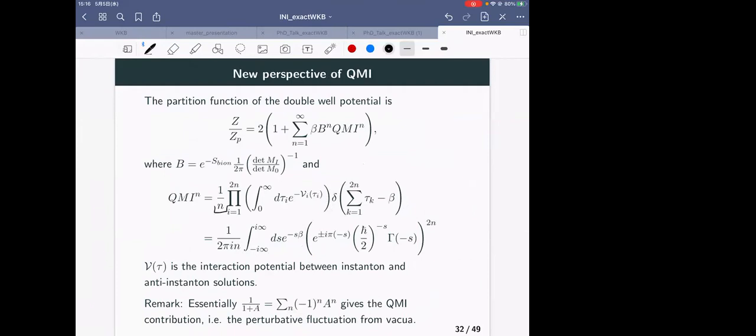Here, B is 1 baryon, so this summation is summing the infinite number of baryon contributions. And here, the factor 1 over n is coming from the cyclic permutation of multi-baryon contributions.